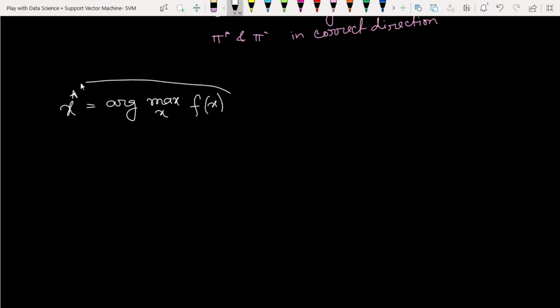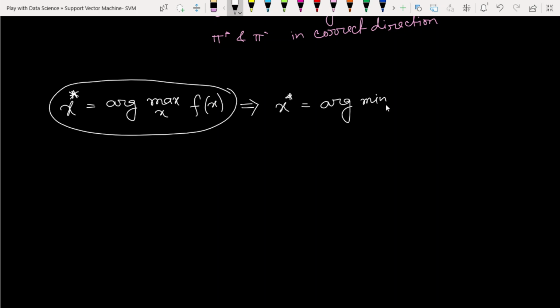This is the same as the argmin of the inverse of this function.